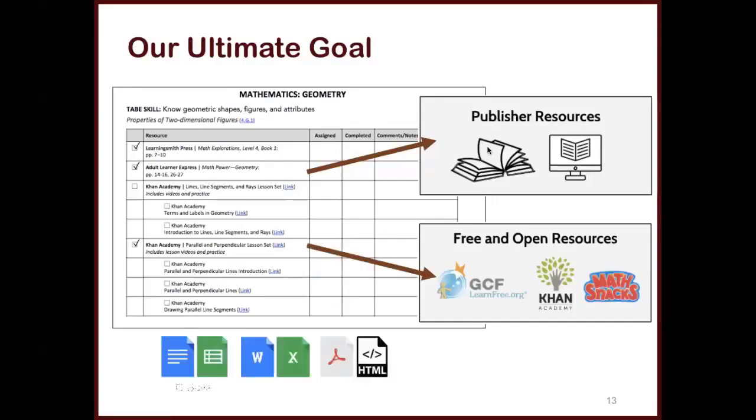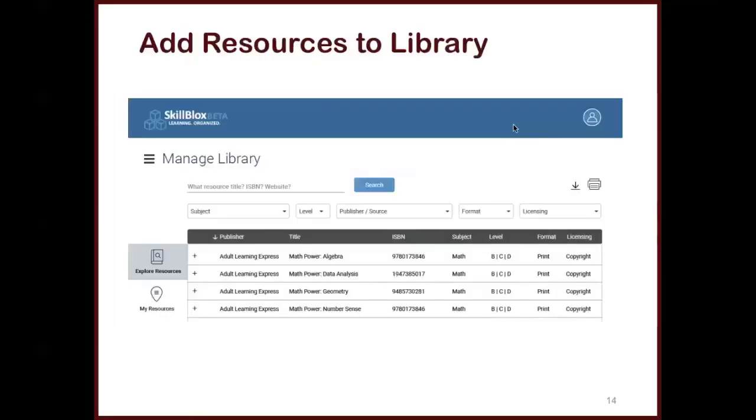Then you create outputs that fit however you want to use those things. Maybe you want to assign an HTML page that the students have access to with all of these things. Maybe you want to download a spreadsheet and do your own manipulation, so you have your own version of what resources align as you're developing curriculum.